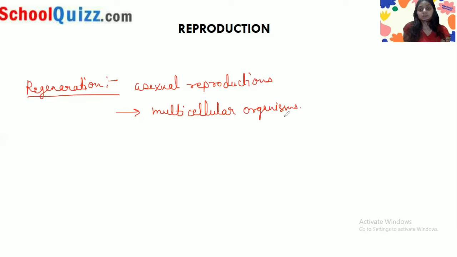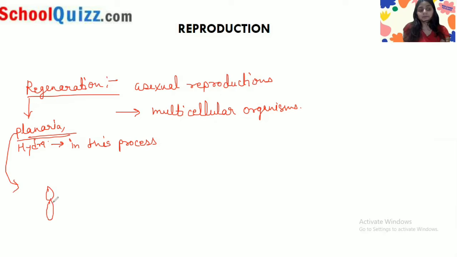So what is this process? Let's take the example first. The example of regeneration is planaria or hydra, etc. Let's take the example of planaria. In the NCERT, planaria is also given as an example. So this is the planaria. Some damage happens to the body of the planaria, and let's say it breaks into parts.